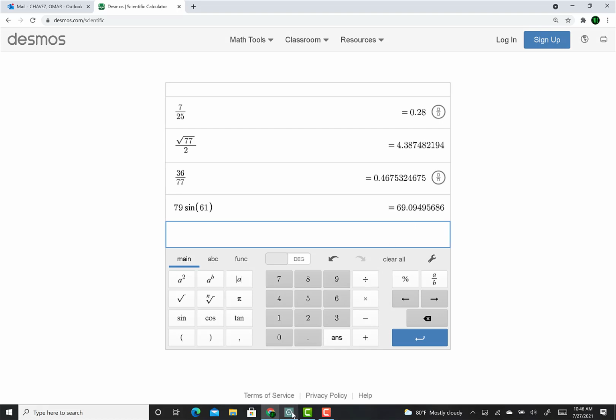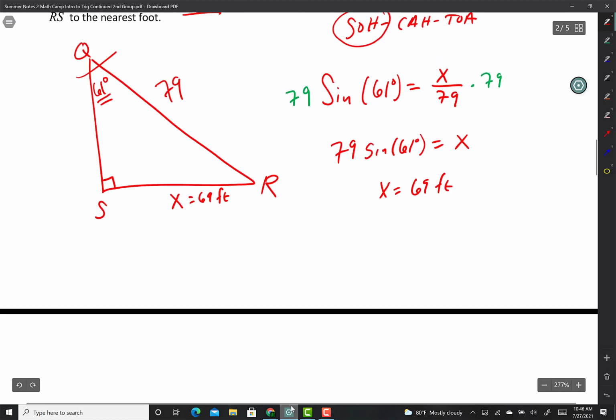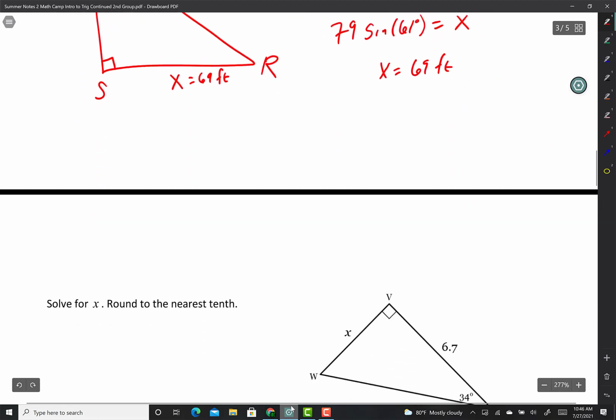Did they want it to anything specific? To the nearest foot. So 69 feet. If there's units, put units. How do we feel, guys? Awesome. So we're going to do some more of those.